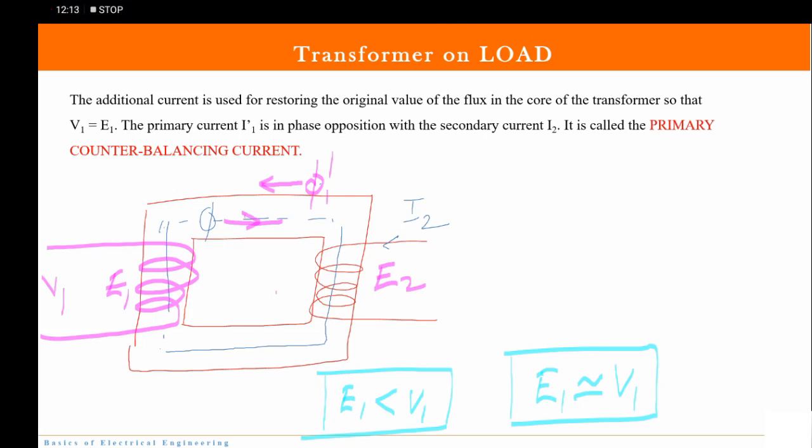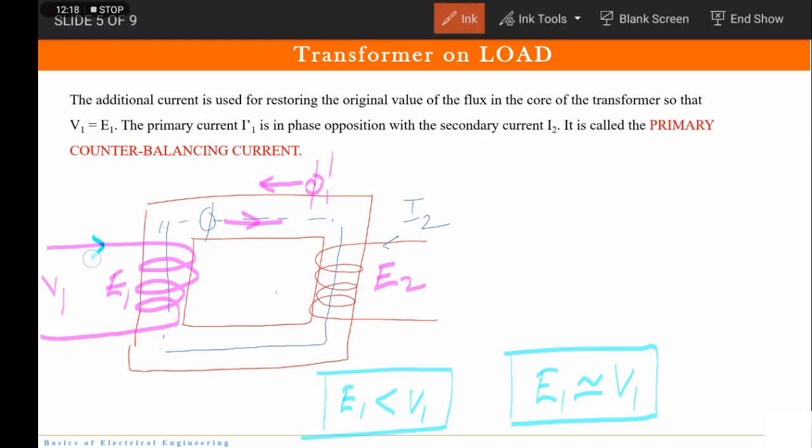So some additional current starts flowing, and this current is I1 dash. Earlier we had a current called I0. Both these currents flow in the same direction. Now this I1 dash is in phase opposition with I2.